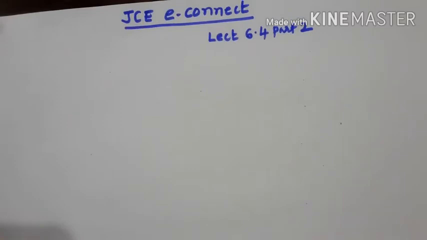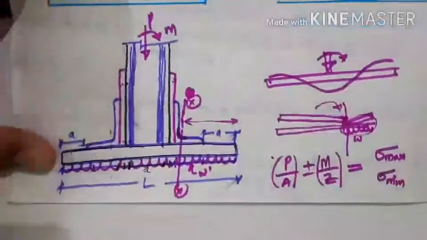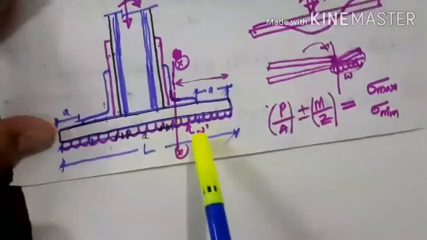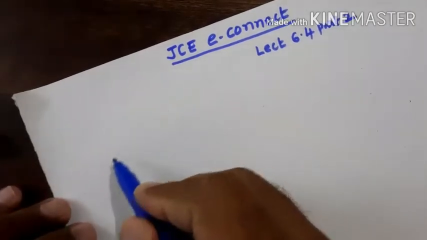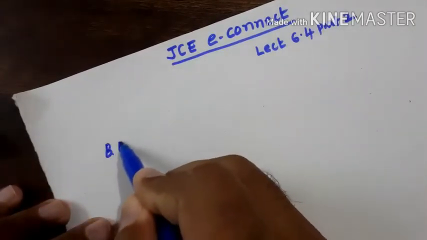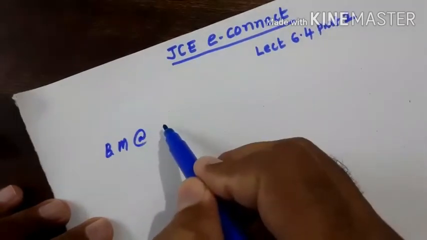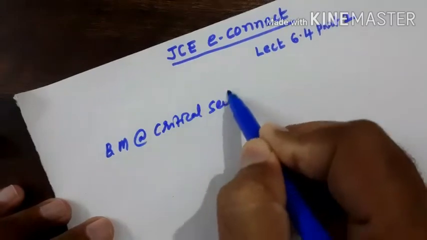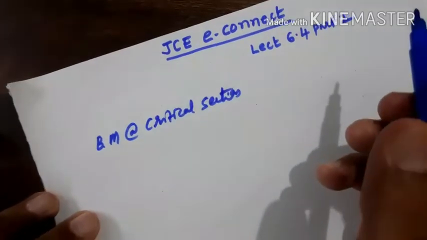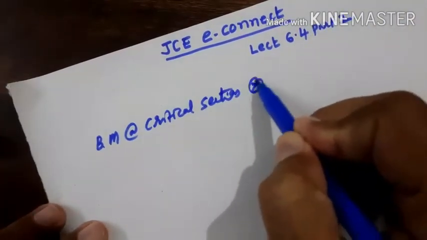So here first we need to calculate what is the actual moment acting. The same thing I'll draw here. First I'll write the bending moment at the critical section, that is xx.